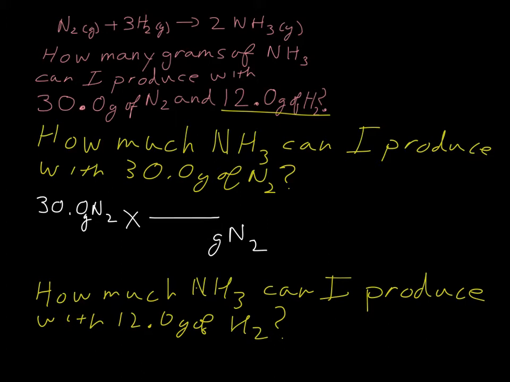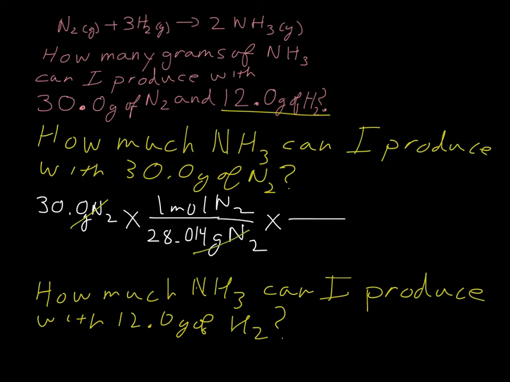I have 2 moles of elemental nitrogen and 1 mole of molecular nitrogen. And that gives me 1 mole of diatomic nitrogen having a mass of 28.014 grams.